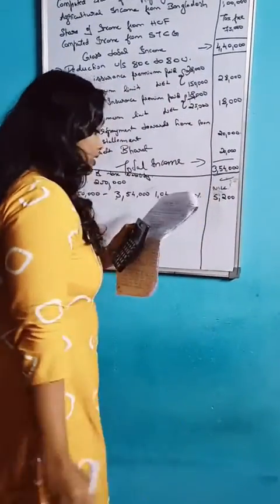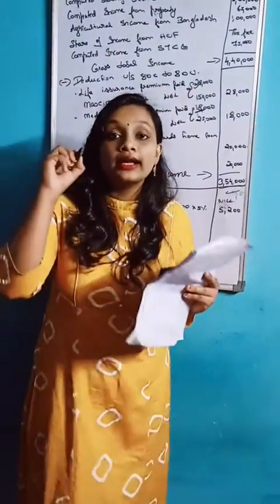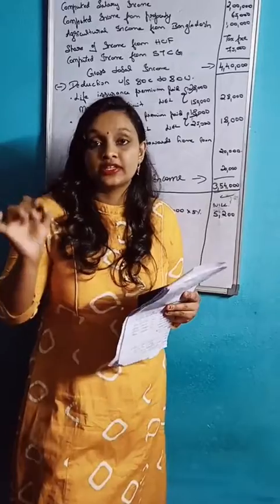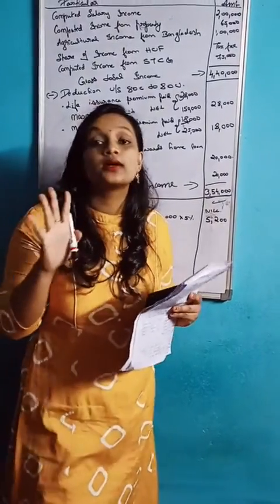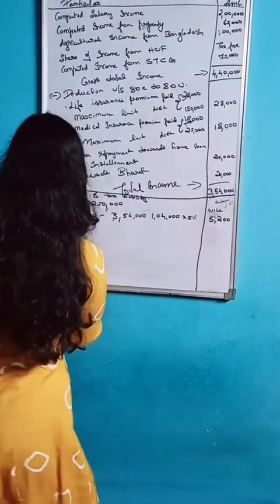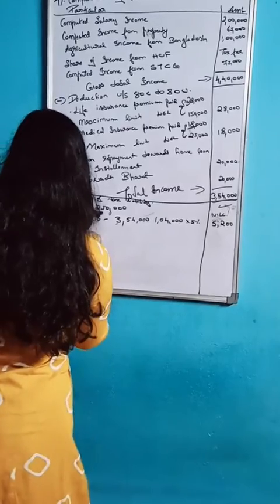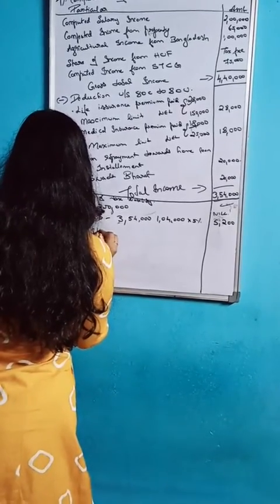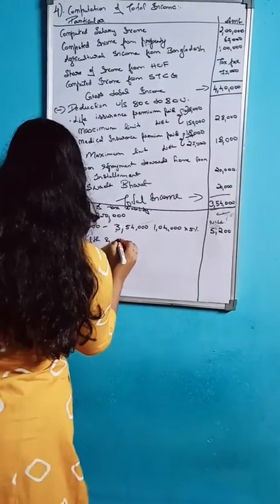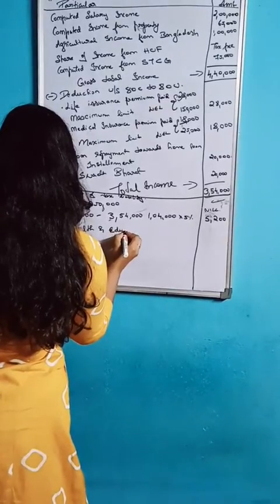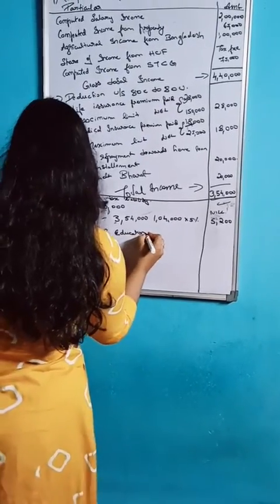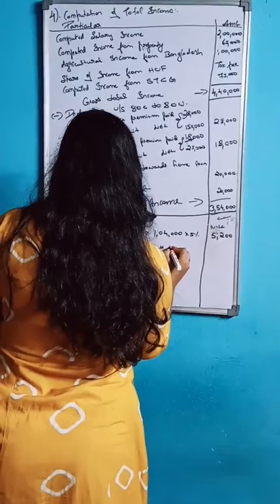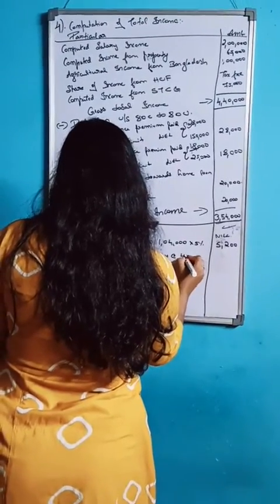You will get 5,200. And you should add the health and education cess, that is 4%. So health and education cess is 4%.